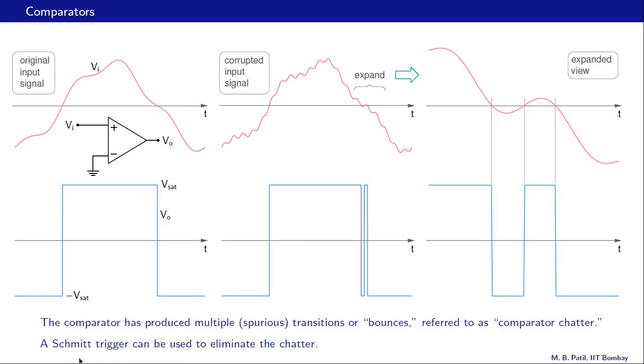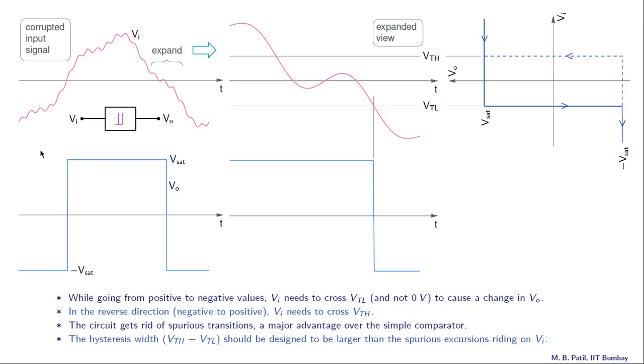It turns out that we can use a Schmitt trigger to eliminate this chatter, and let us see how we can do that in the next slide. Let us now see how replacing the comparator with a Schmitt trigger helps in this situation. So here is our corrupted input signal, same as in the last slide. And now this Schmitt trigger gives us only one transition, and let us try to understand how that is possible.